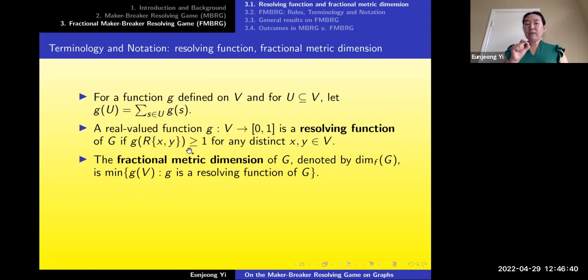If you remember, R{x,y} is the set of vertices that distinguish x and y by distances. Those vertices' values assigned under function g must sum to at least 1 for any distinct x and y. Then we call it a resolving function. So the idea is that instead of assigning discrete values 0 and 1, you are assigning any real values.